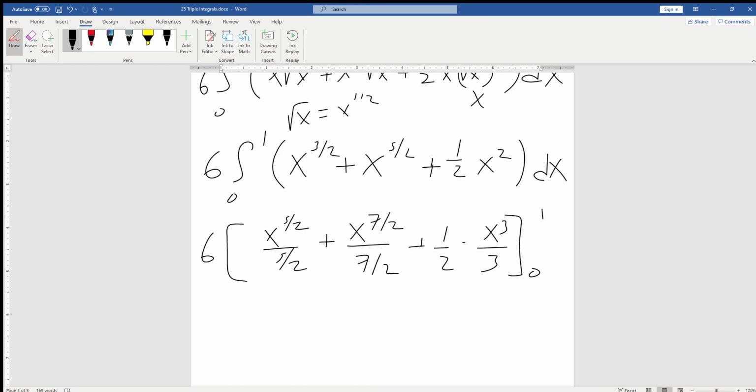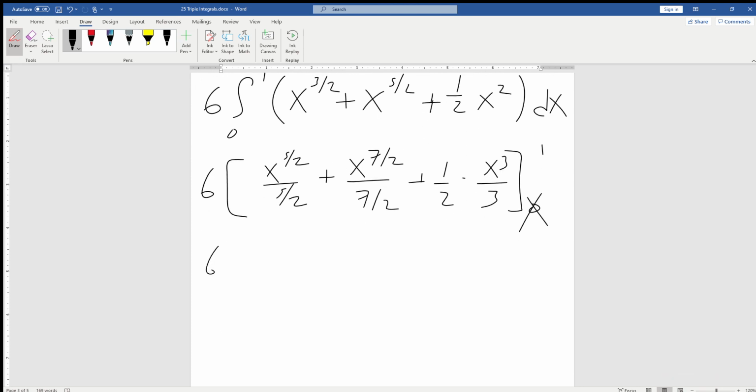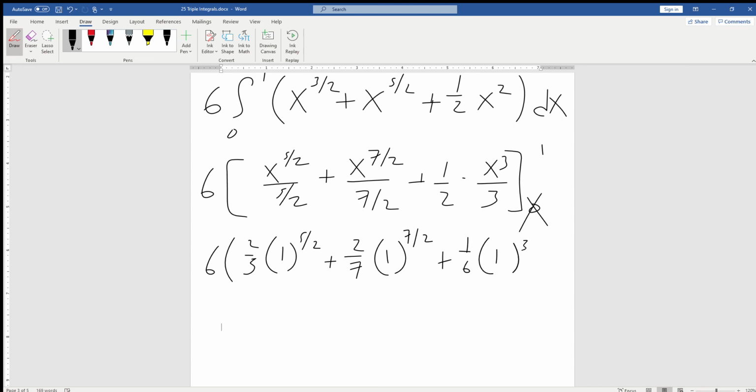Fortunately, again, even though we don't have polynomial expressions, we do have expressions where 0 is not going to contribute to the sum. So the 0 doesn't matter in this case. So we're going to end up with 6 times 2/5 of 1 to the 5/2 plus 2/7 times 1 to the 7/2 plus 1/6 of 1 cubed.